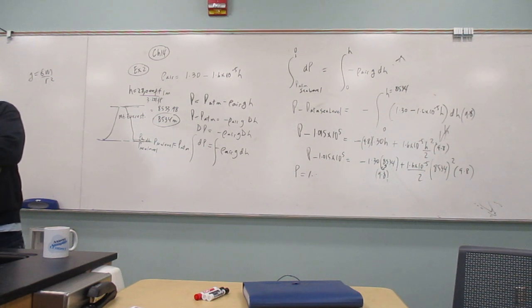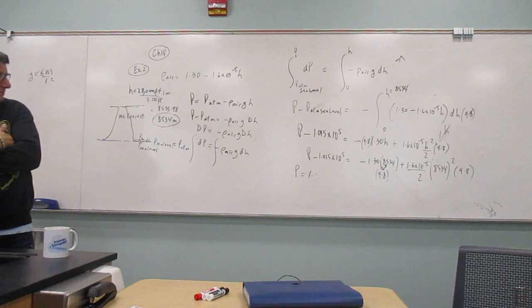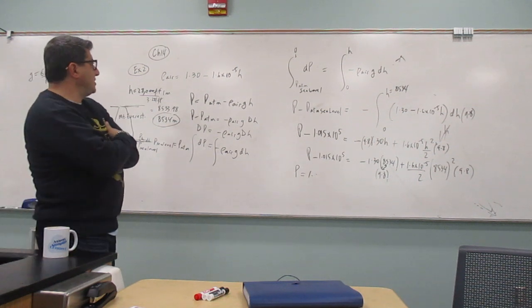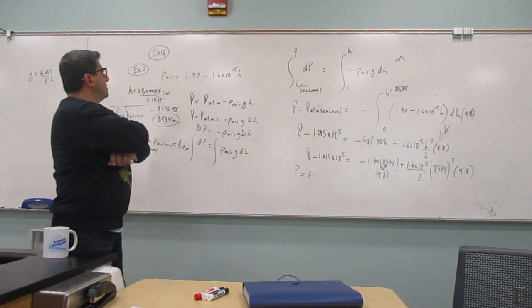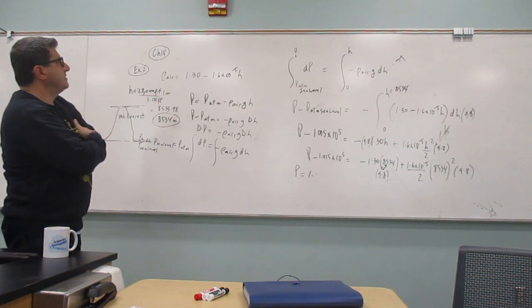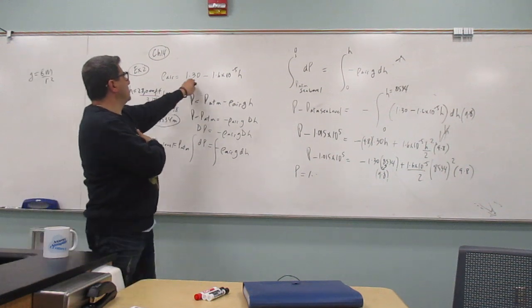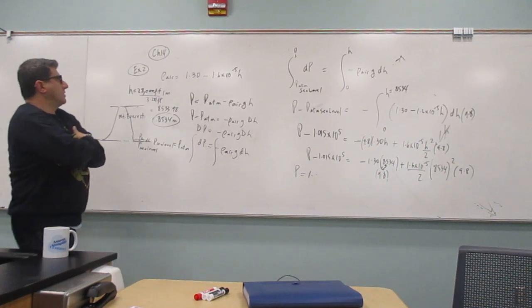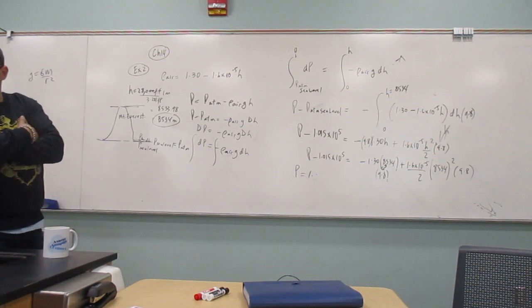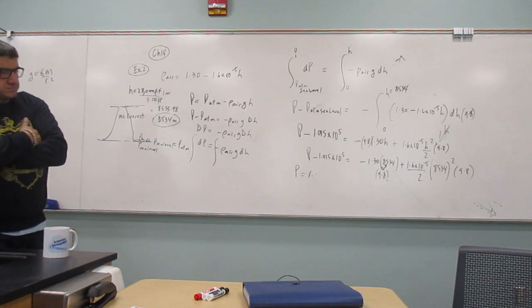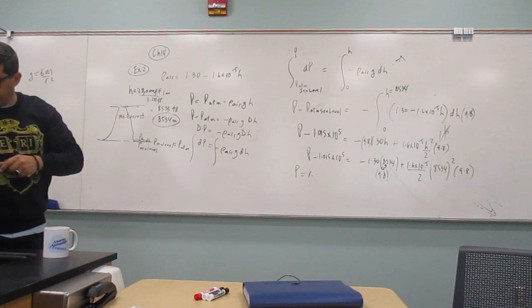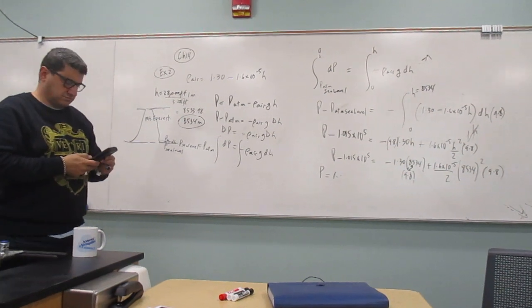You get a negative pressure? Yeah. Again? Yeah, that's odd. Because we checked to see if the density was negative, but it wasn't, right? We did this equation. You get a negative? Yeah, I get negative 4,500.